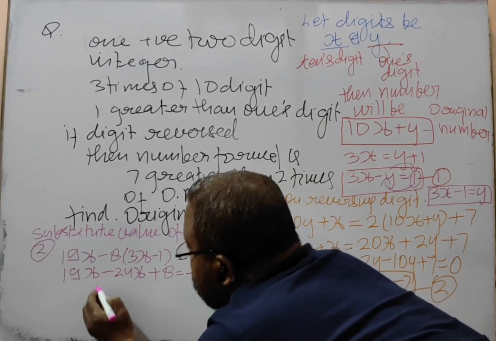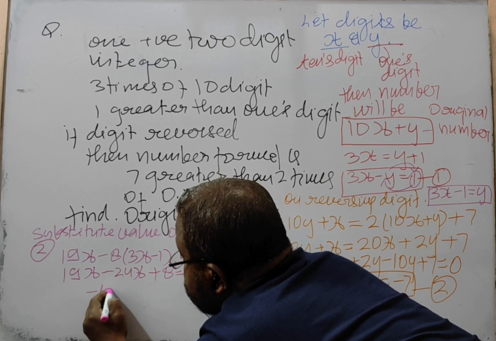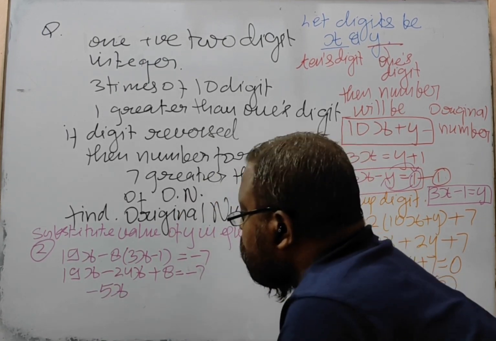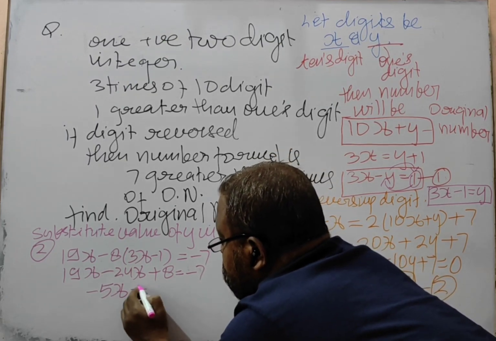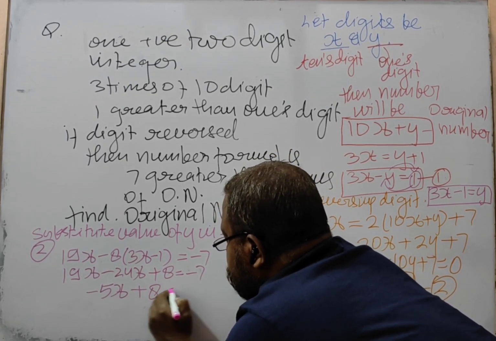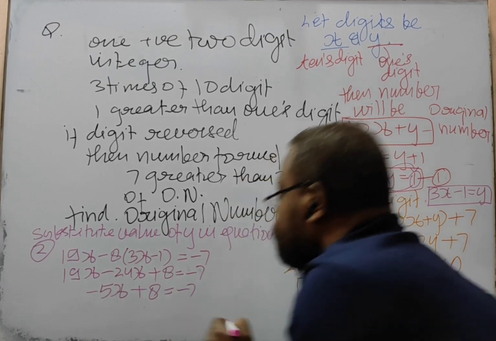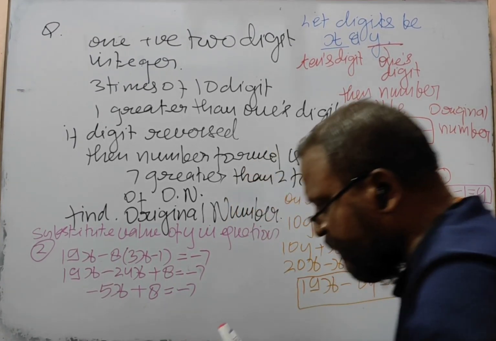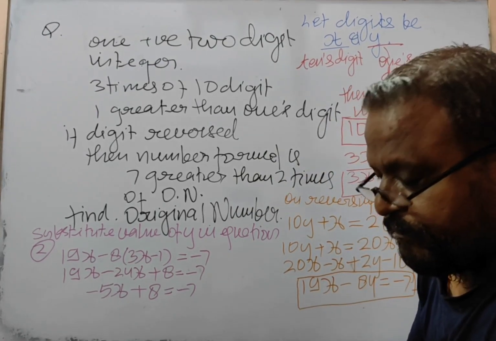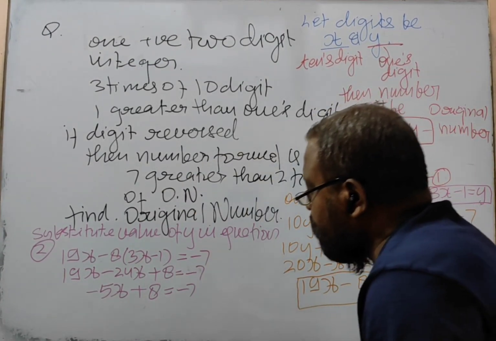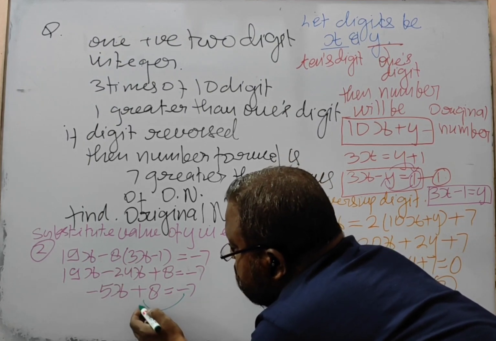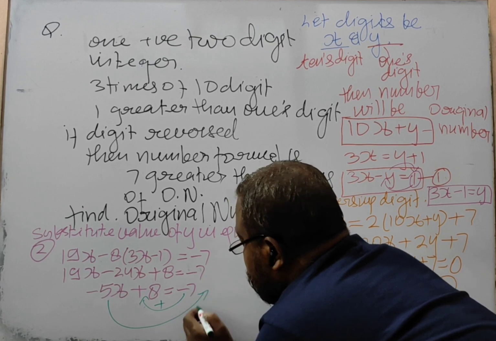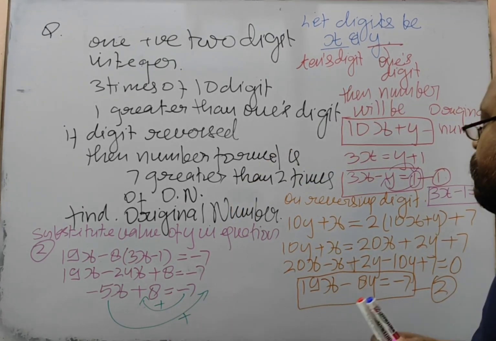So it comes here as minus 5x plus 8 is equal to minus 7. You bring this 7 to this side, it turns to be plus, and you bring this minus 5 to this side, it turns to be plus, right?